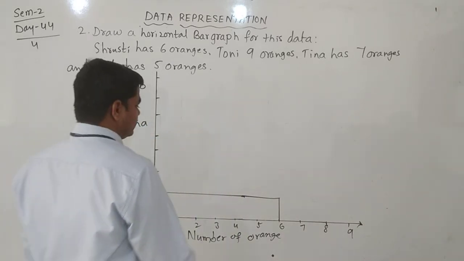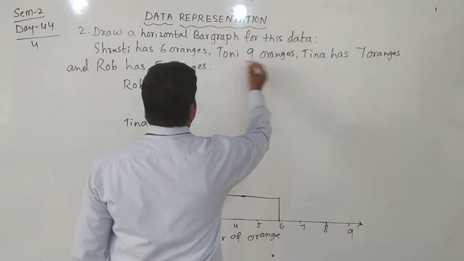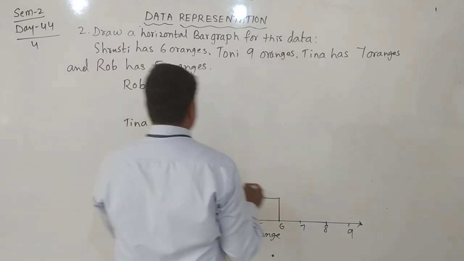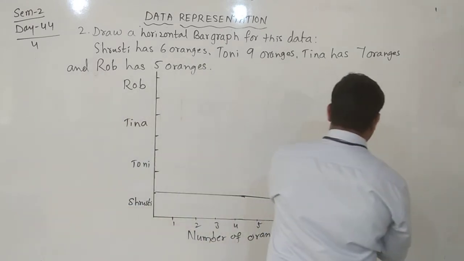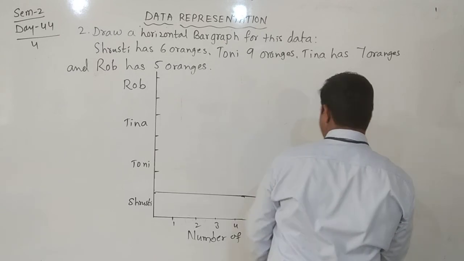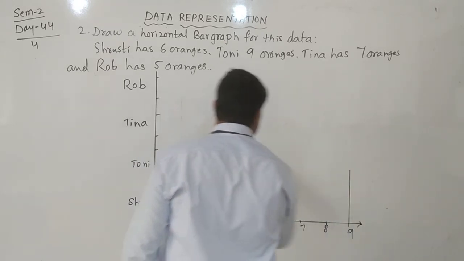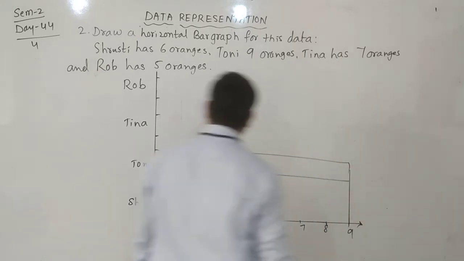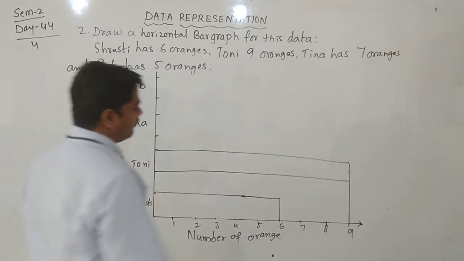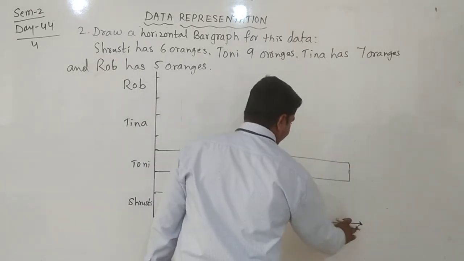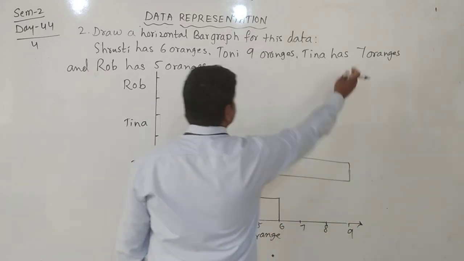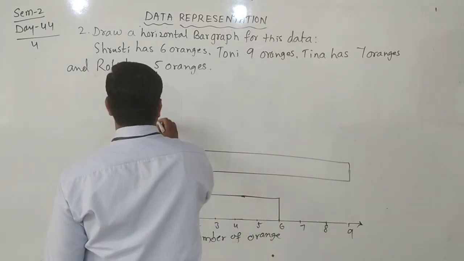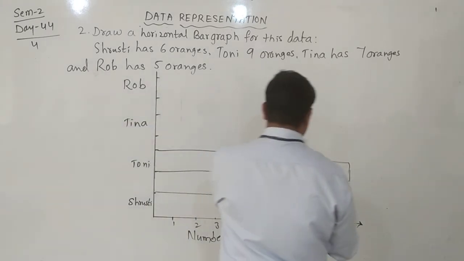Next, Tony: how many? 9, up to here. This is the bar showing the number of oranges of Tony. Next is Tina, 7: up to 7.